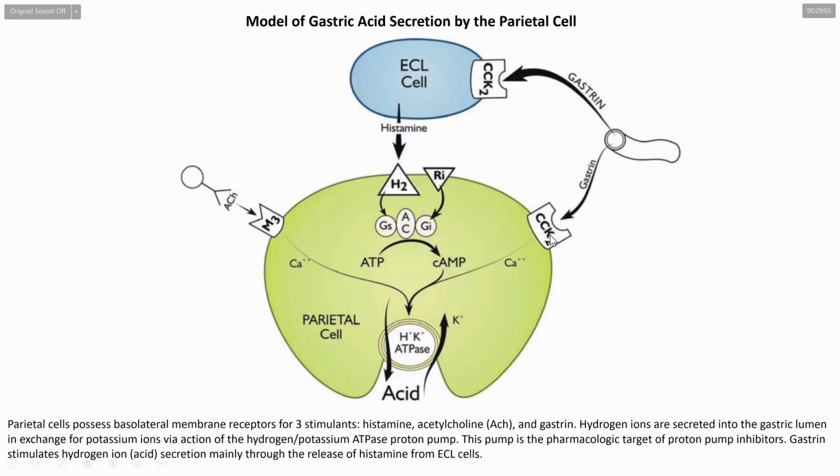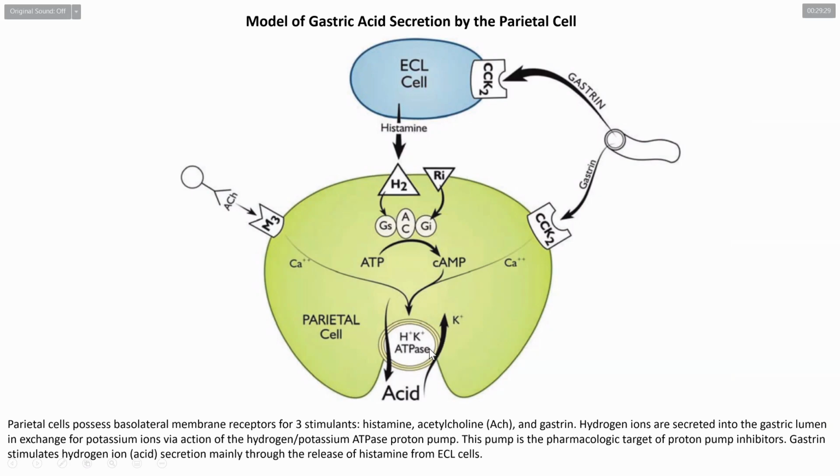It works through the CCK receptors. And remember, the main mechanism through which gastrin works is through the ECL cells by stimulating histamine release, rather than directly on CCK receptors on the parietal cells. So this is probably the main way gastrin works, through the histamine receptors via ECL cells.